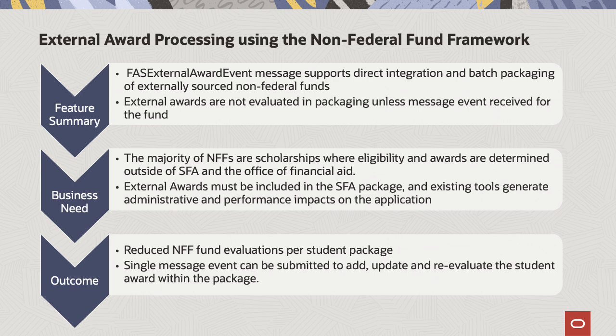Schools will be able to opt into the feature using minimal Groovy scripted configuration, as the feature requires only an update to the existing period script. However, schools with more sophisticated business requirements will continue to leverage the NFR attribute workbook configuration for their external fund codes. That being said, the external award processing feature will improve usability, accuracy, and packaging performance for schools.